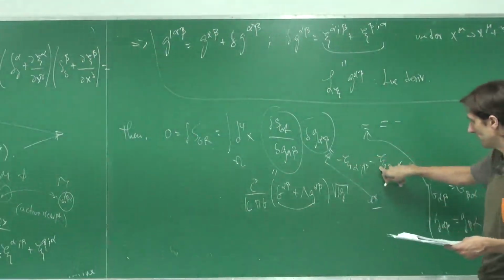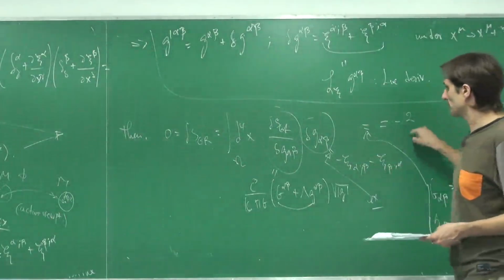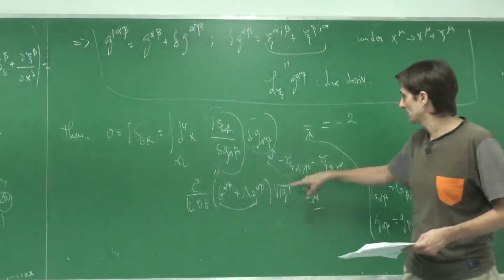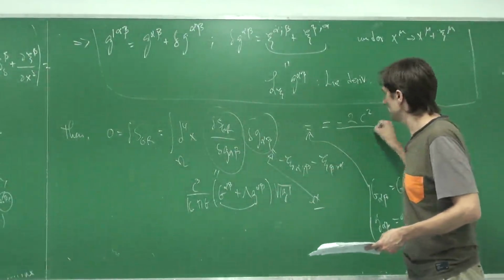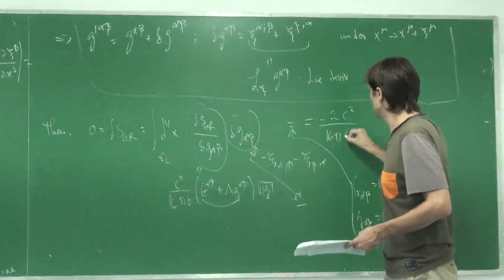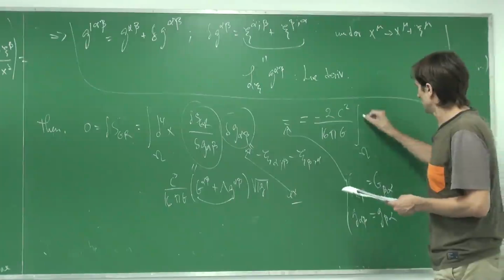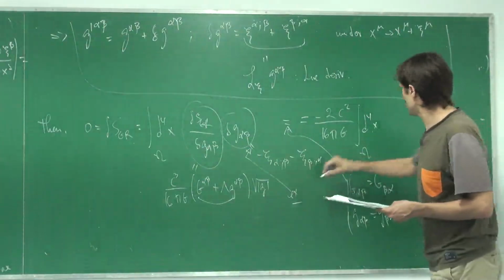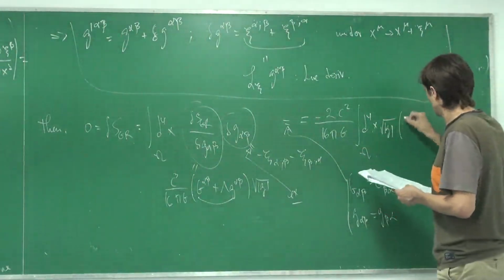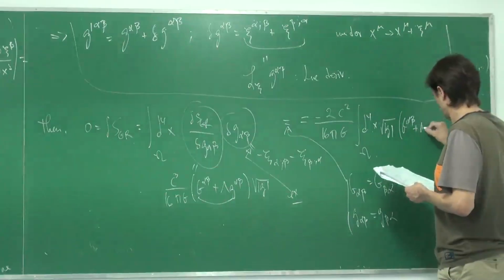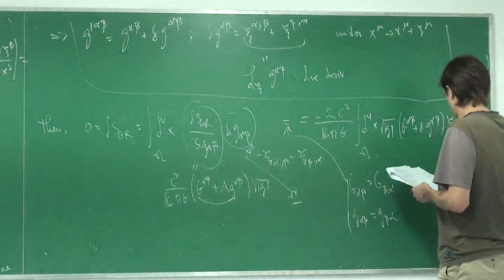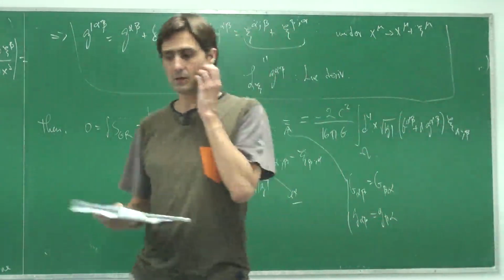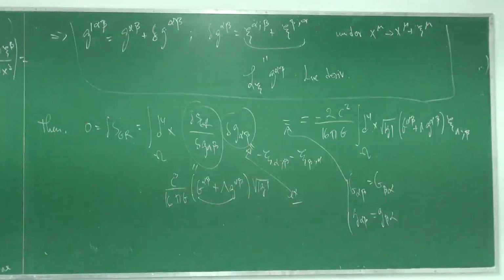The minus is coming from the xi's, and the 2 is coming from the fact that these two are symmetric. So this is going to be minus 2 c cubed over 16 pi G, and now square root of g. Okay, so I only have one term with xi, not 2 terms, which gives me the factor of 2.